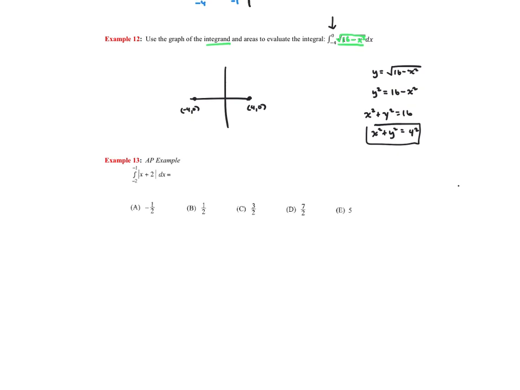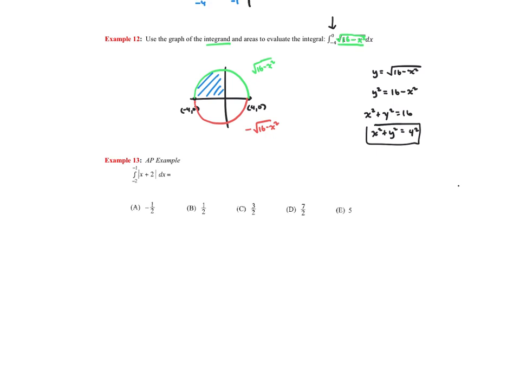So a little mini lesson here. The square root of 16 minus x squared is above the x-axis, and negative square root of 16 minus x squared would be below. Now all we're asked for is the integral from -4 to 0 of the upper portion. So we're going to find this area right here in quadrant 2.